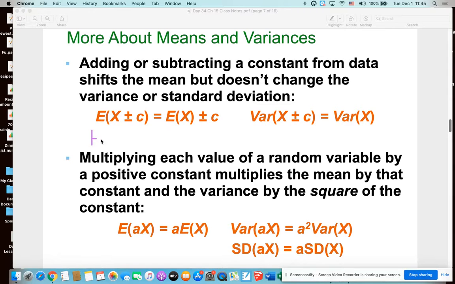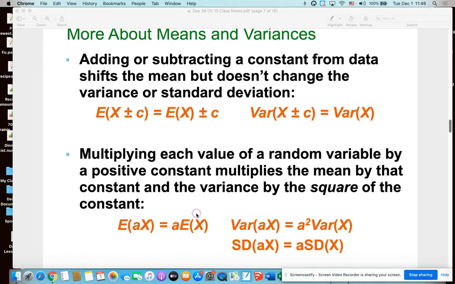It's just like saying, if I take this and I shift it up to here, this center has been raised up, but the actual distance or the actual range hasn't changed any, right? So when you add and subtract a value, the mean increases, but the variance does not.